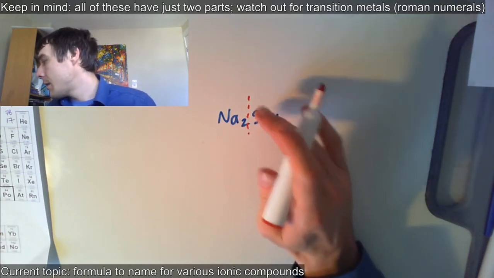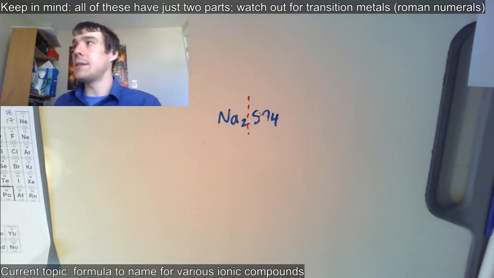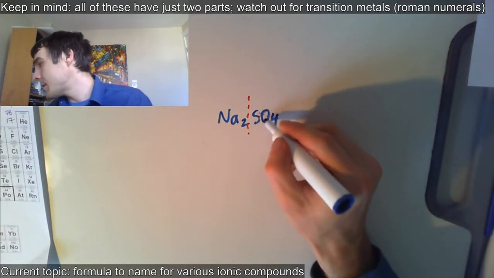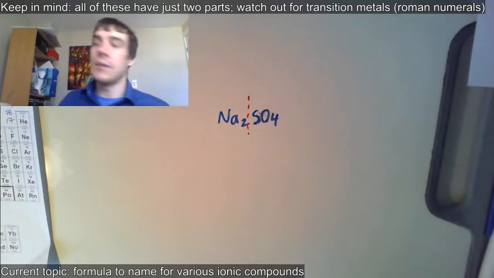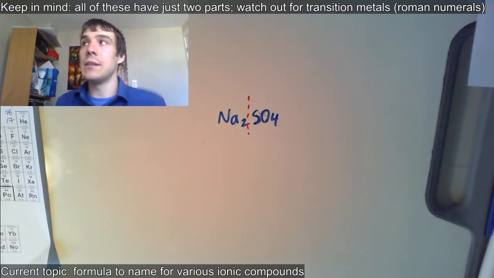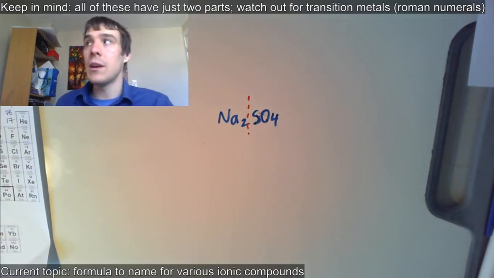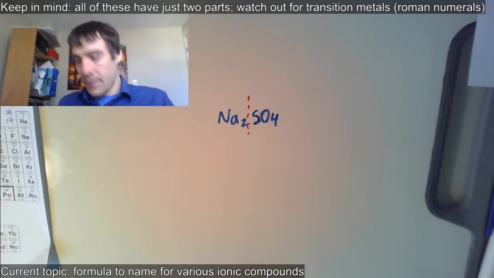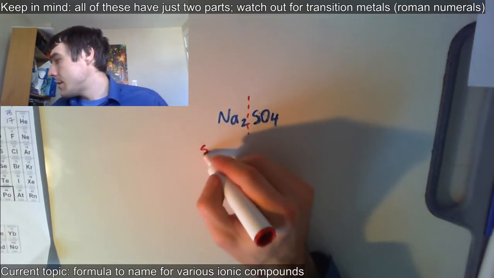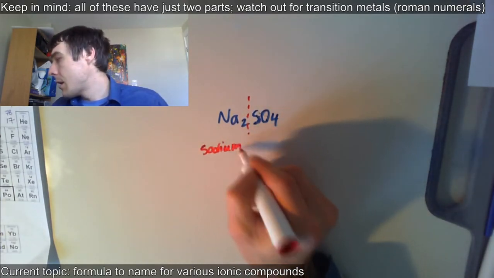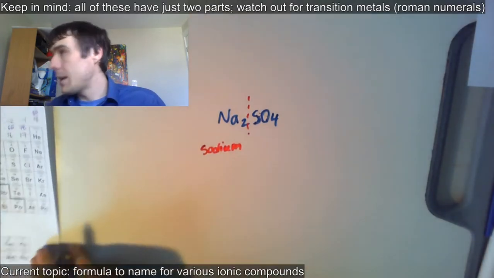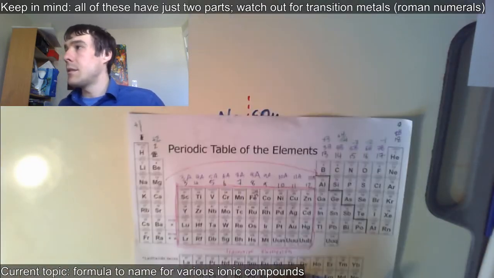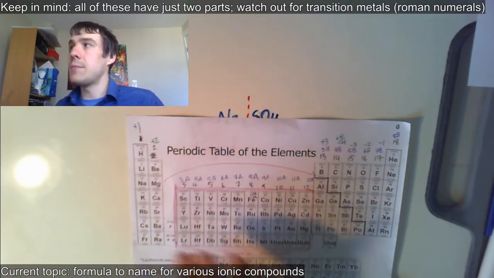Well, one of the hints there is that there's very few positive polyatomic ions. There's only two that we've learned: ammonium, which is NH4 plus, and hydronium, which is H3O plus. So we're going to split it there. Now this side is obviously sodium, and when we look here on the table, sodium is not a transition metal, so we're safe.